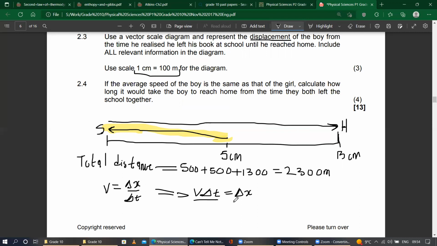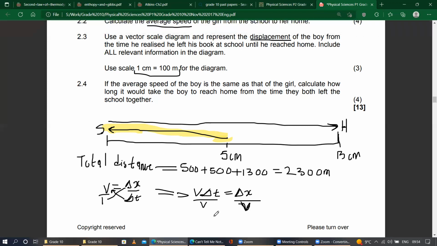Oh, what did you do there? You cross multiply them. Oh, okay, I see. Then I just divided both sides by the velocity, right? Therefore, delta t is equal to the change in distance divided by the velocity.